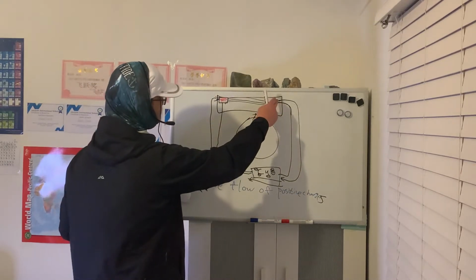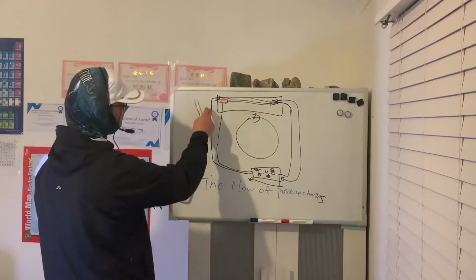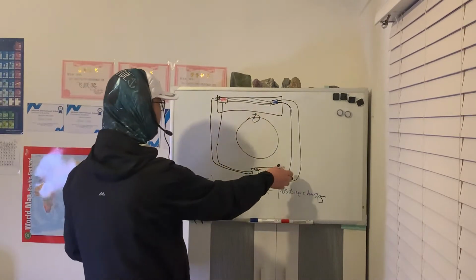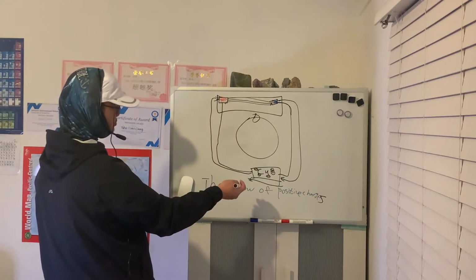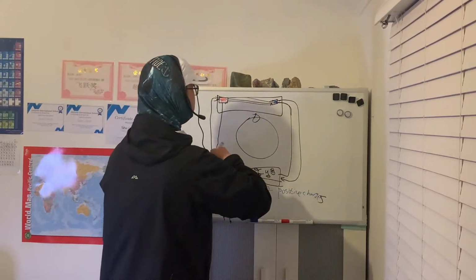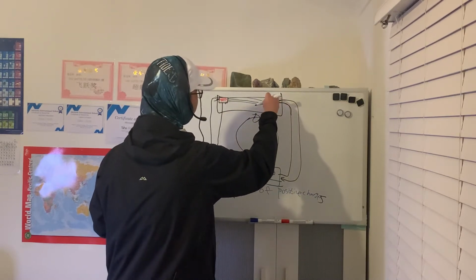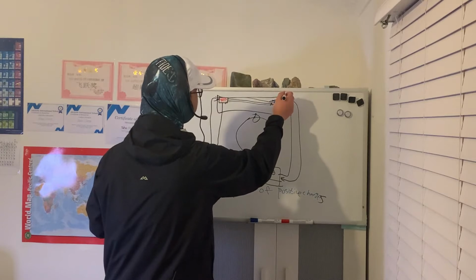As you can see, the electrons flow from the negative end to the positive end. If the electrons move out, say this used to be neutral, and now one electron moves out, it becomes like that.